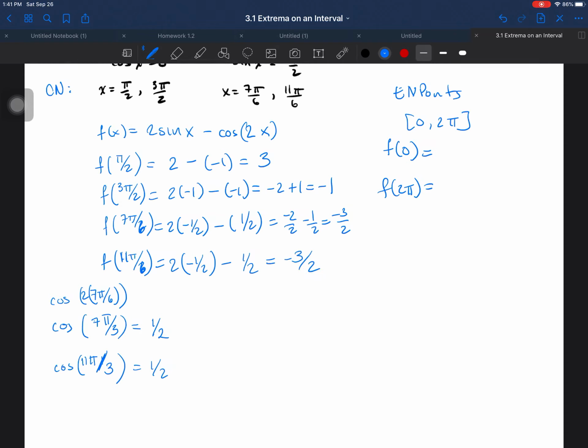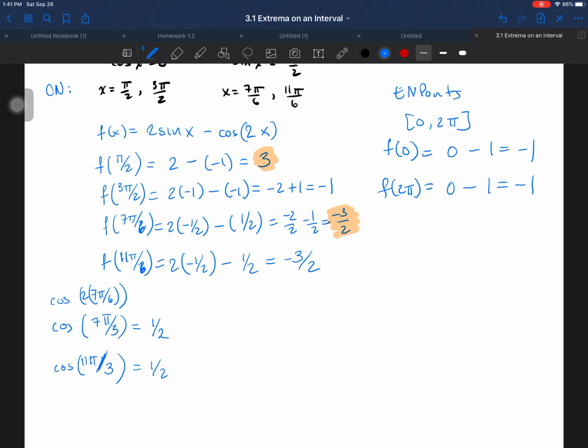All right, for this one, you're going to have sine of 0 is 0, and minus cosine of 2 times 0, that will be 1, so negative 1. And then for 2 pi it will be the same thing, 0 minus 1 will be negative 1. All right, so we see here that the highest point will be 3, and the lowest point of the function will be negative 3/2, because negative 3/2 is lower than negative 1.